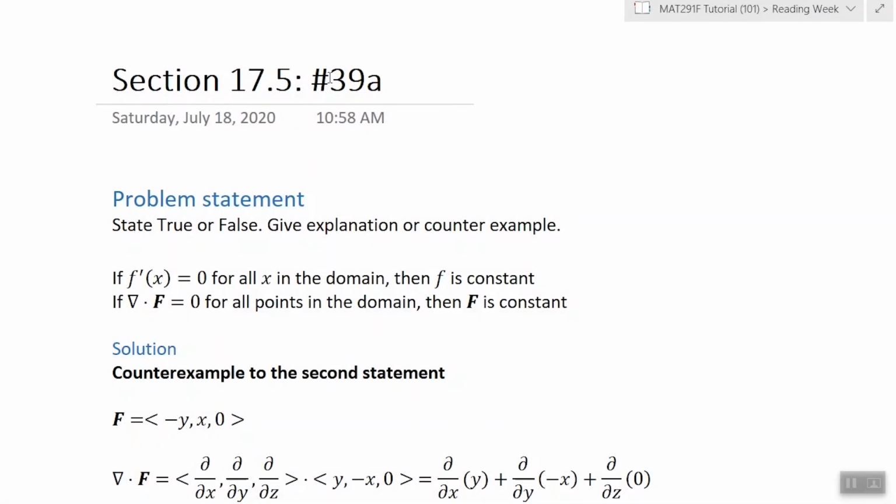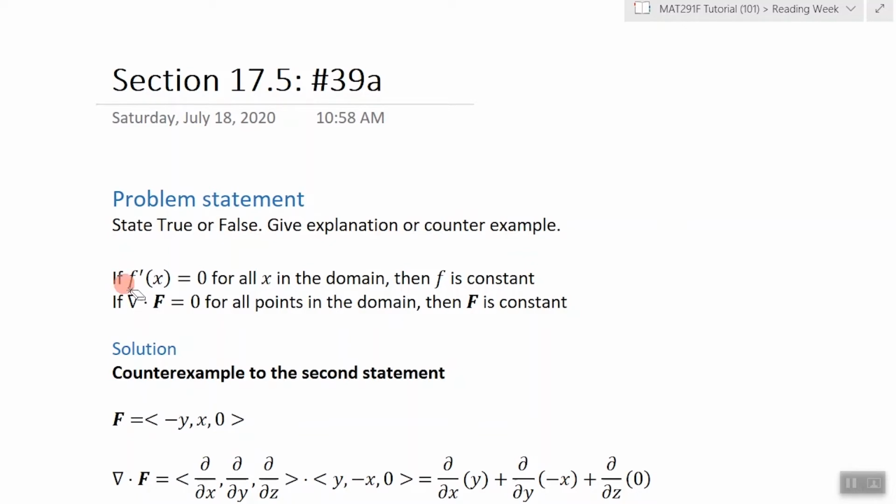Let's do the question from the textbook, number 39 from 17.5. This is a true or false question. It gives this statement, and it asks to state whether it's true or false and to give an explanation or a counterexample. The statement is like this.